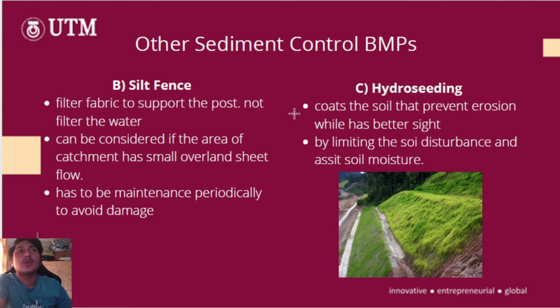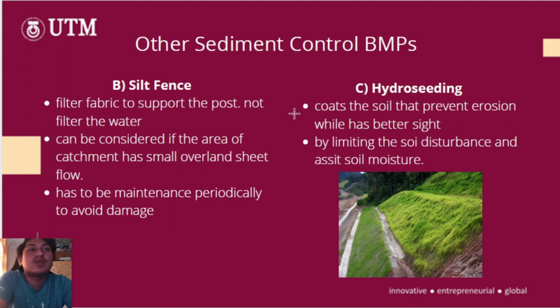The other sediment control is the silt fence design. A silt fence is a filter fabric supported by posts, and it is not meant to filter the water. This control can be considered if the catchment area has small overland sheet flow.